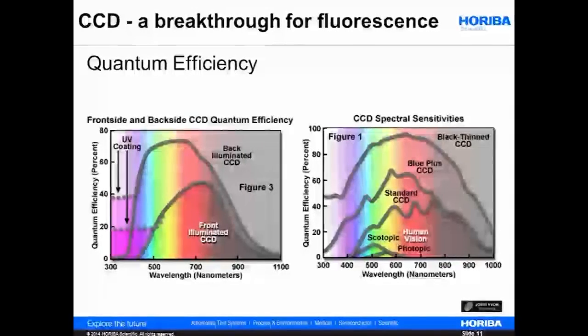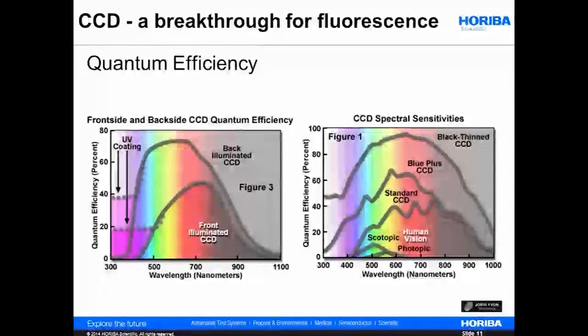We can improve the quantum efficiency of CCDs in the ultraviolet range by about 20% by coating the upper surface with a thin layer of phosphor, which converts ultraviolet photons to photons with a longer wavelength.